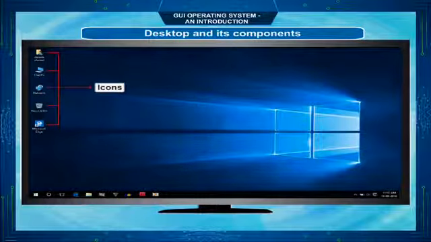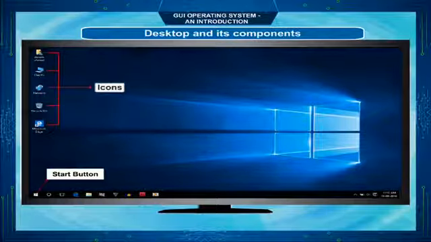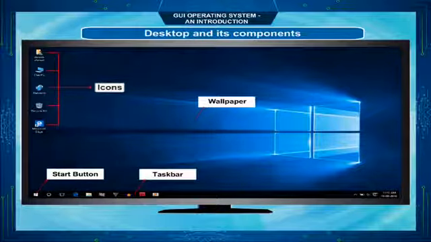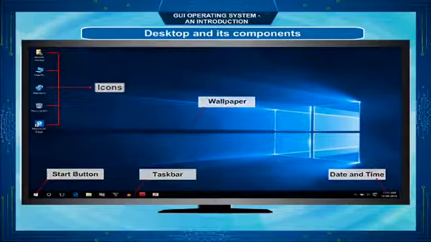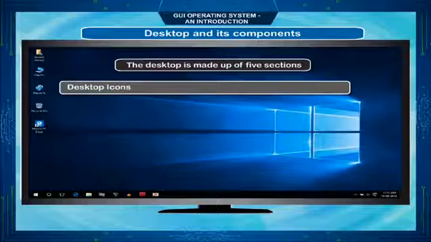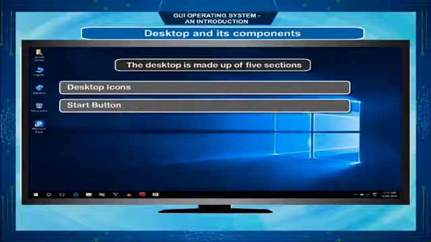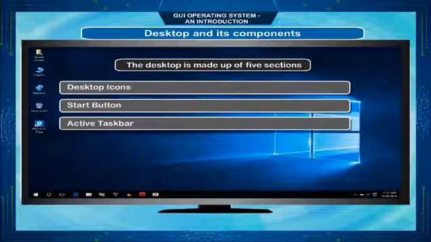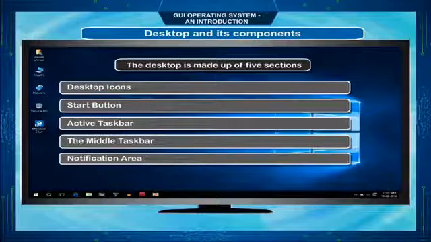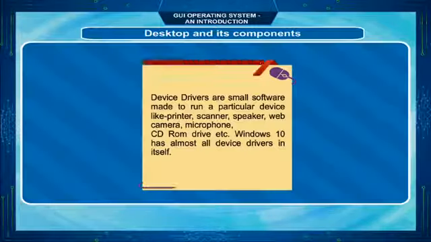Desktop icons, Start button, Taskbar, Wallpaper, Date and time. The desktop is made up of 5 sections: Desktop icons, Start button, Active taskbar, the middle taskbar, Notification area.